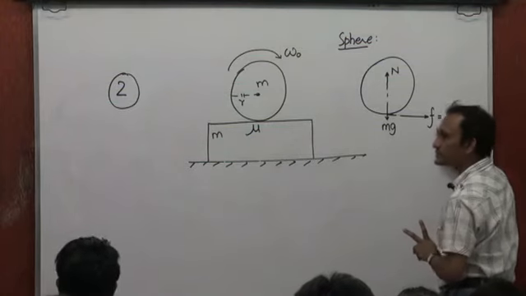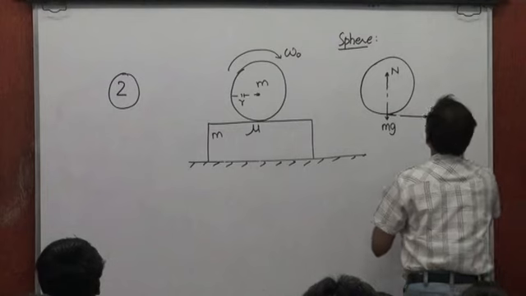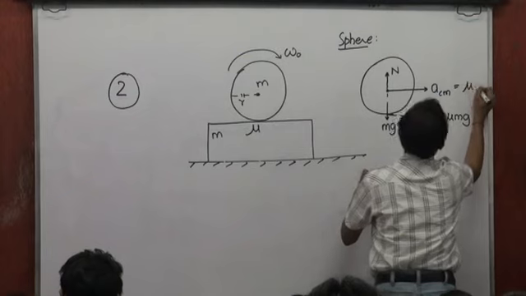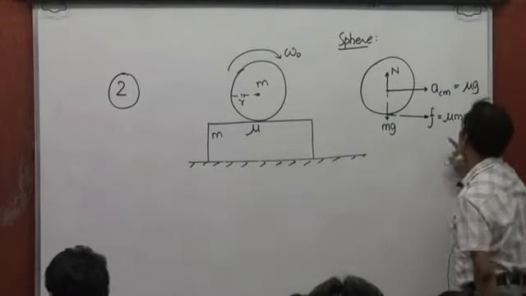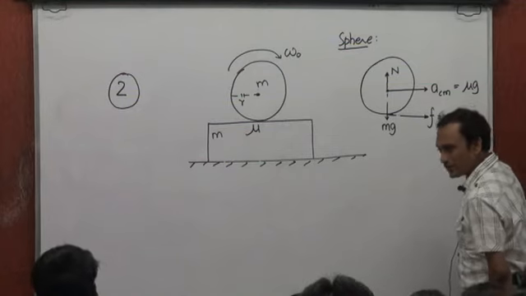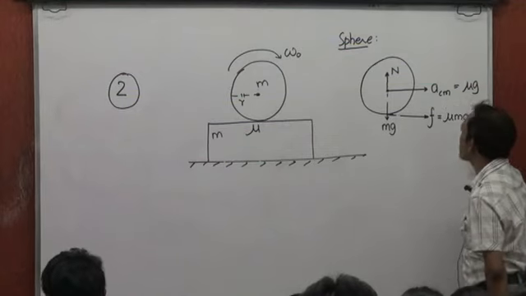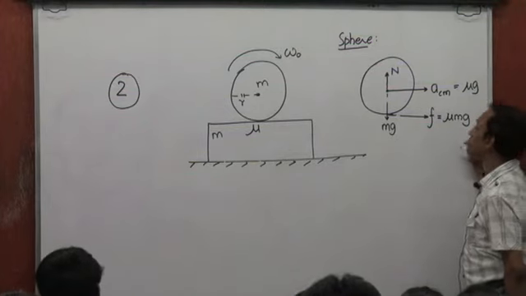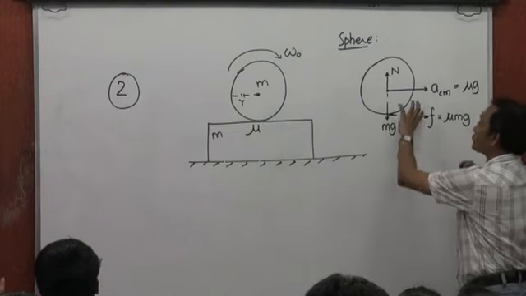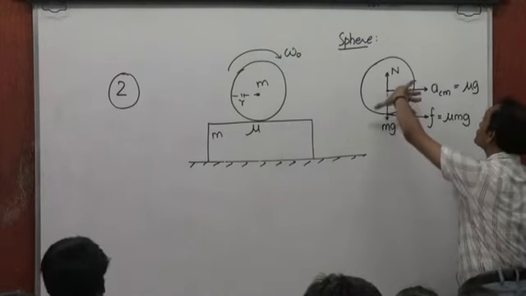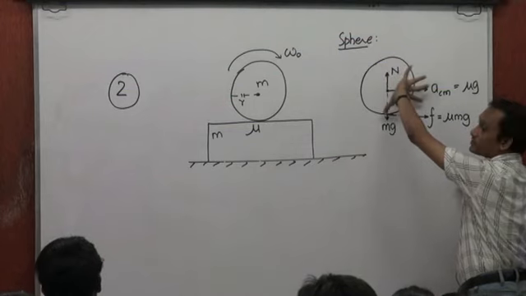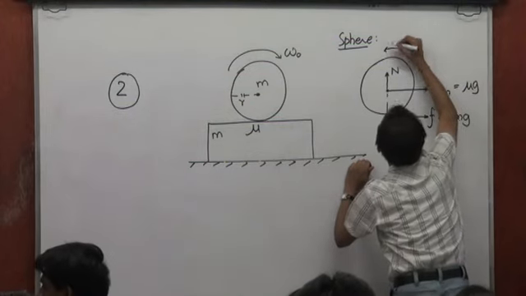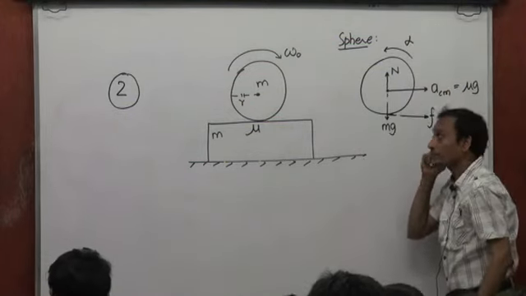Now, under the influence of this force, the center of mass of the sphere would have an acceleration mu g. Force divided by mass, mu mg divided by m, is going to have a rightward acceleration mu g. Not only that, this frictional force acting to the right will produce an anti-clockwise torque about the center of mass, leading to an anti-clockwise alpha.